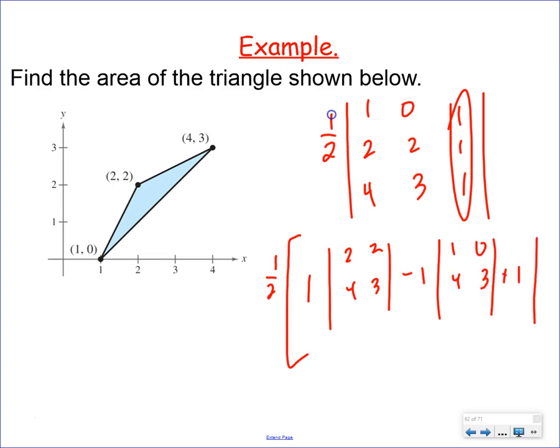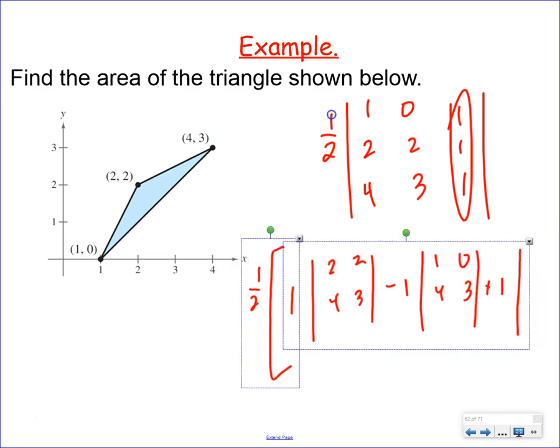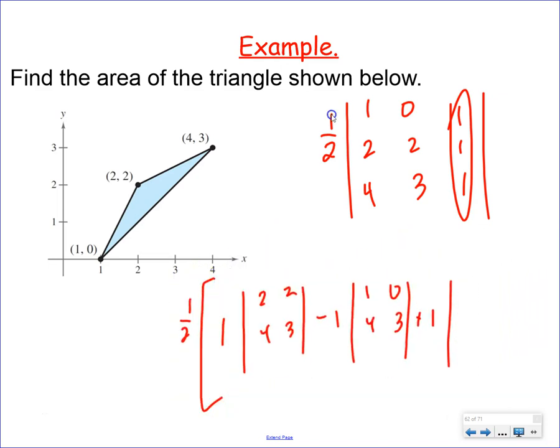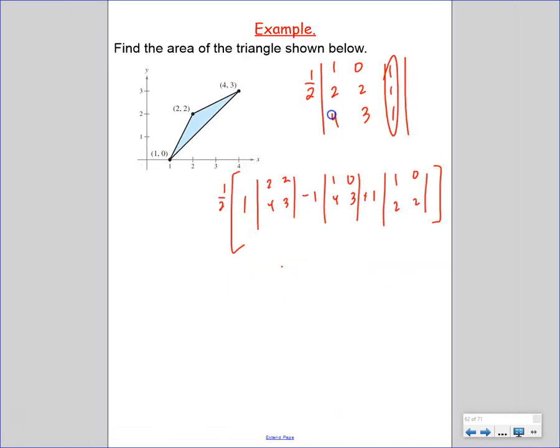Then I have 1 times the remaining 1, 0, 2, 2. 6 minus 8, yeah, it'll be negative 2 times 1. 1 minus 0, just 1. Times the negative 1 is still a negative 1. 2 minus 0 times 1. 2 minus 0.